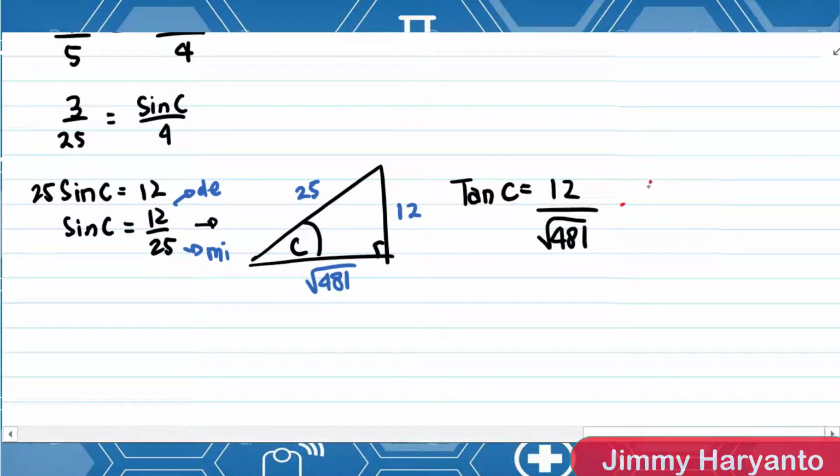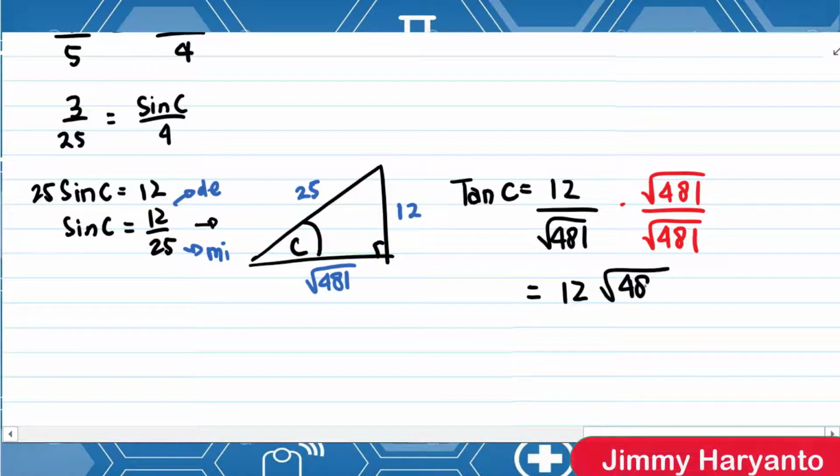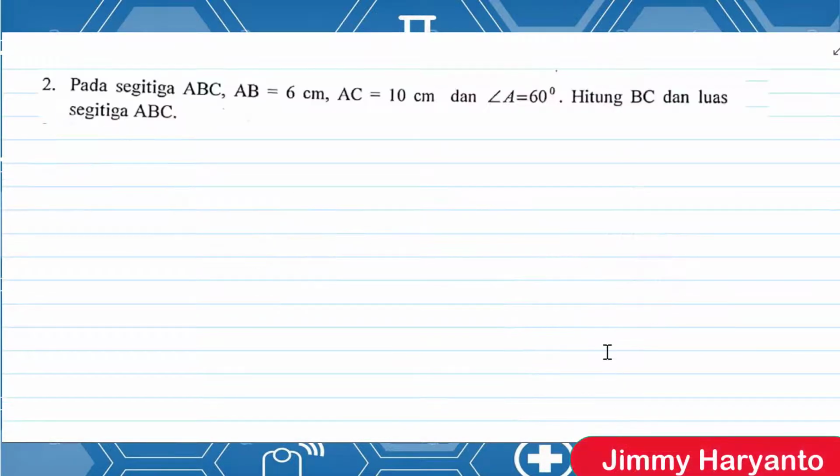Because we cannot leave the square root on the bottom, we multiply by square root of 481. So it will be 12 square root of 481 over 481. So this is tan C. Okay, next is number 2.